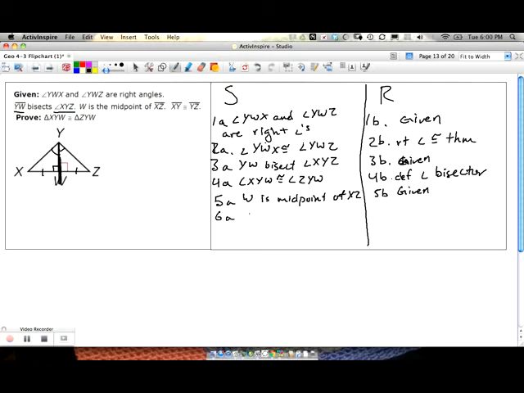But that makes those two halves equal. So 6A, that means that XW is congruent to ZW. And that's the definition of midpoint, not the definition of segment bisector.